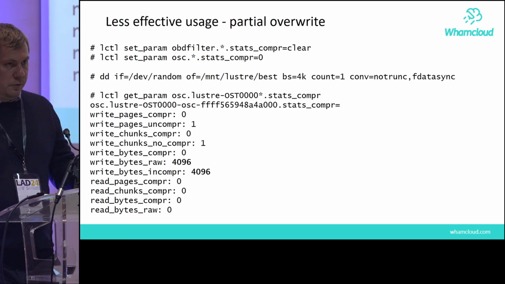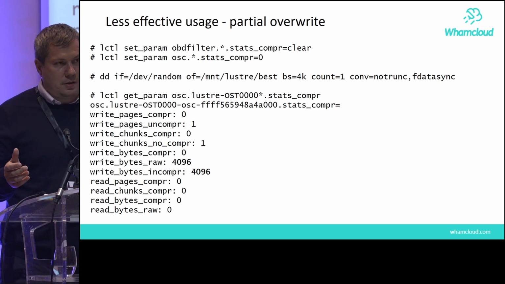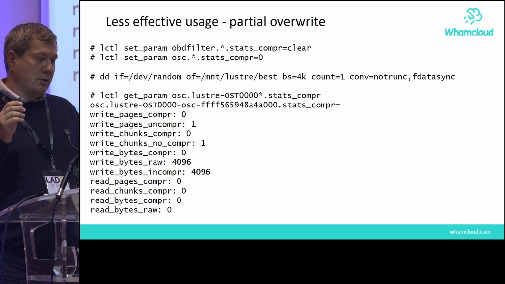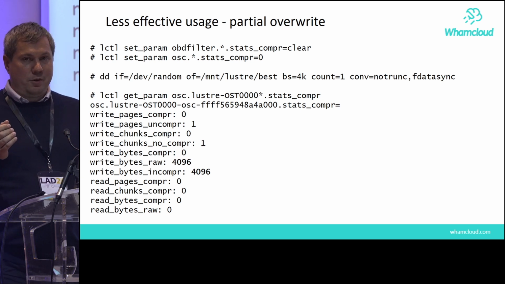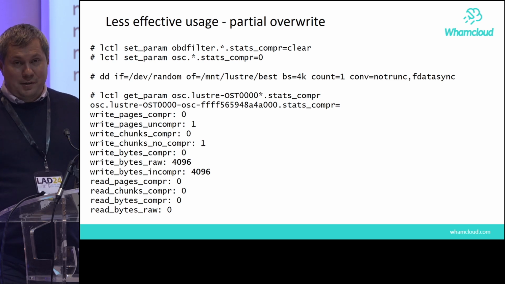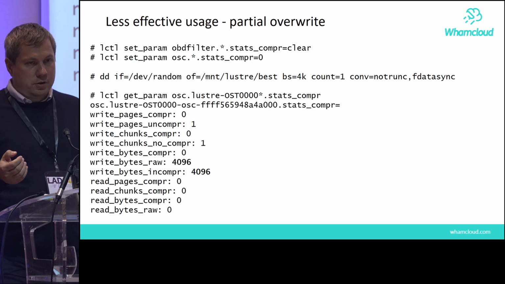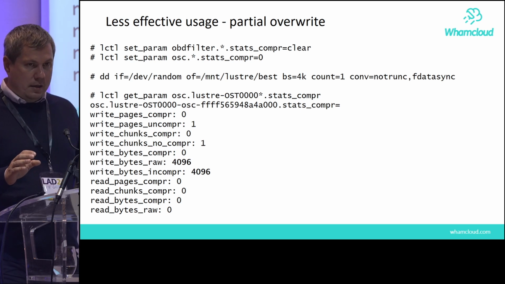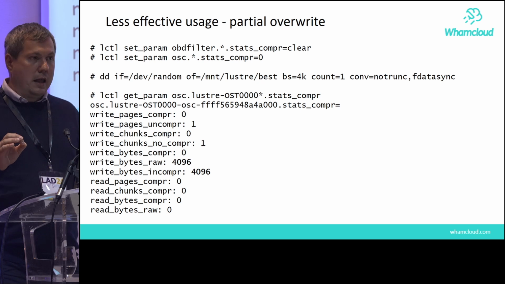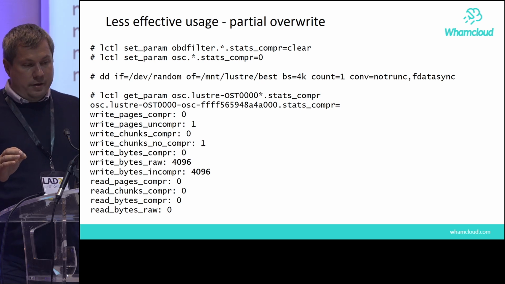So unfortunately, we cannot always write only comfortable data, because Lustre users do what they want. And of course, client-side compression supports any case, but they are less effective. Here is an example.